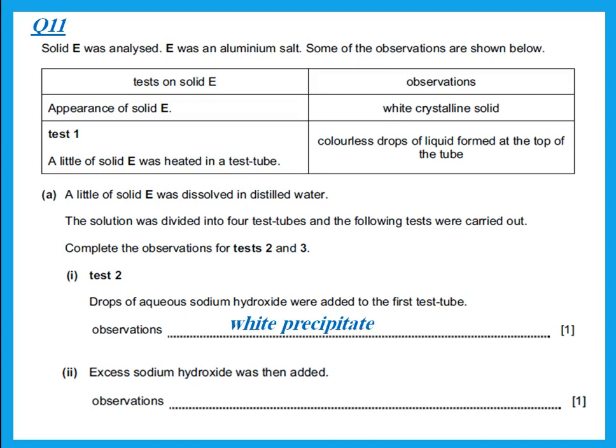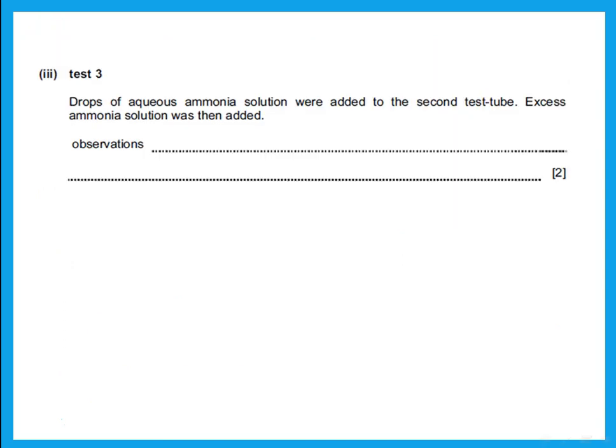When I add drops of sodium hydroxide to something that has aluminium, I'll get a white precipitate. But then when I add excess, remember we say white precipitate soluble in excess, giving a colorless solution. So your observation here would be the precipitate dissolves, it gives a colorless solution.